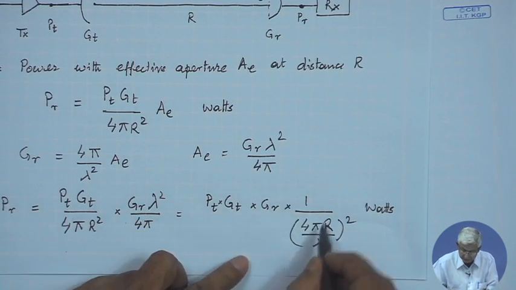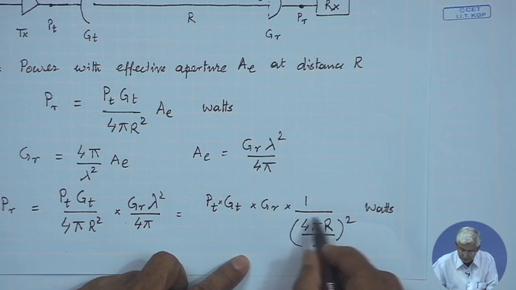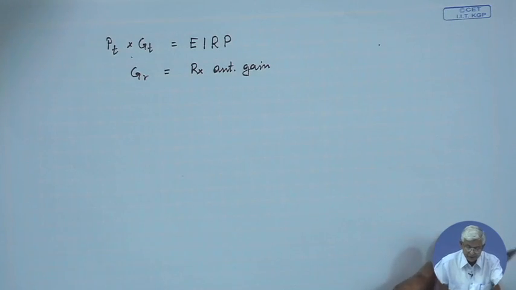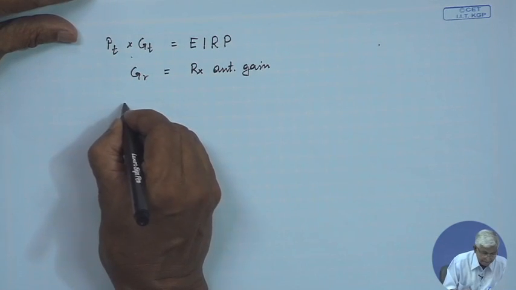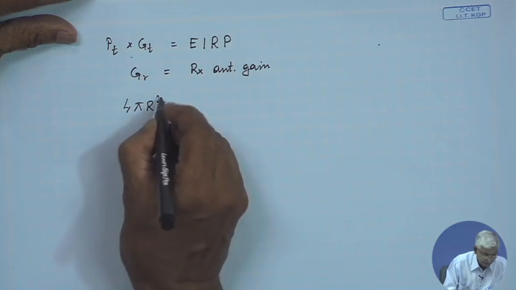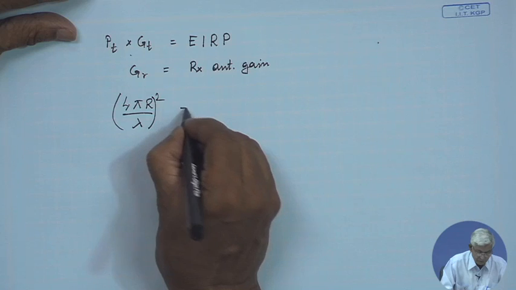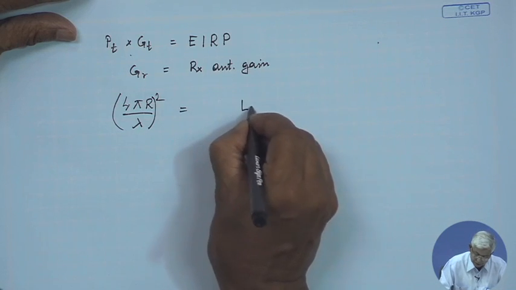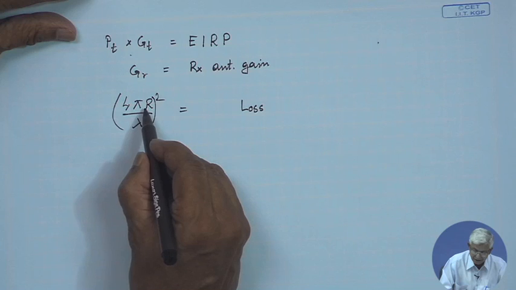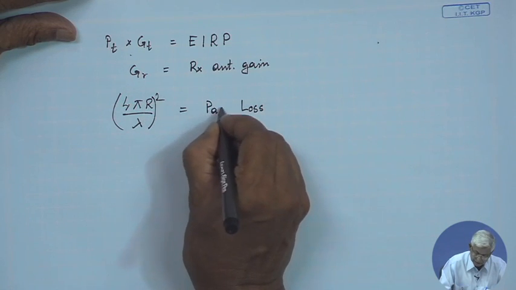Since it is reduced by this factor, it is 1 by this thing. So, this one could be treated as a loss. So, let us call it 4 pi r by lambda whole square, which term is a loss, and since it is dependent on the path length r at a distance r, it is path length, we call it path loss.